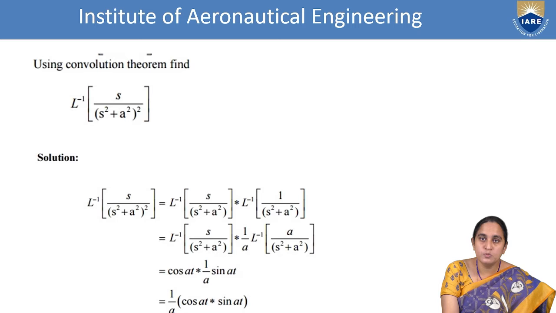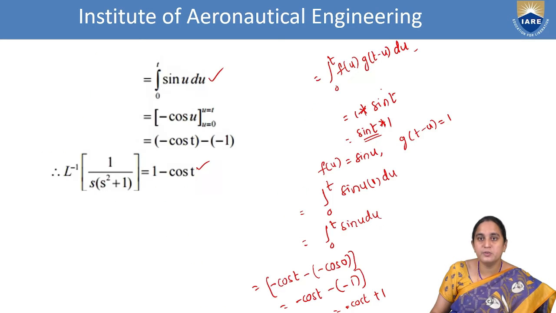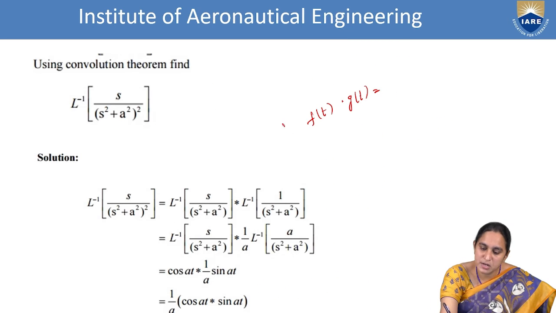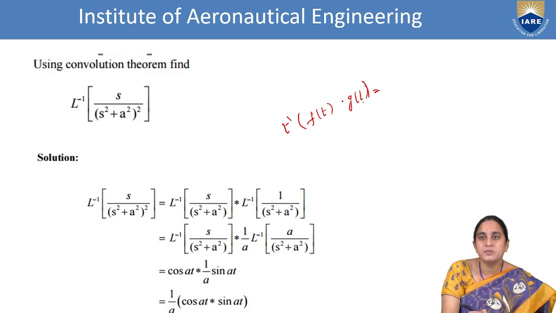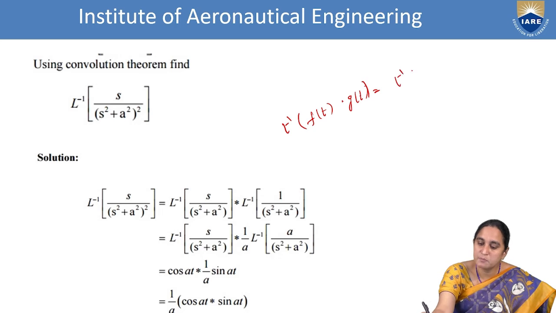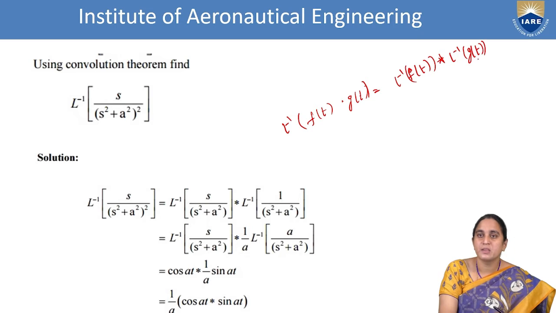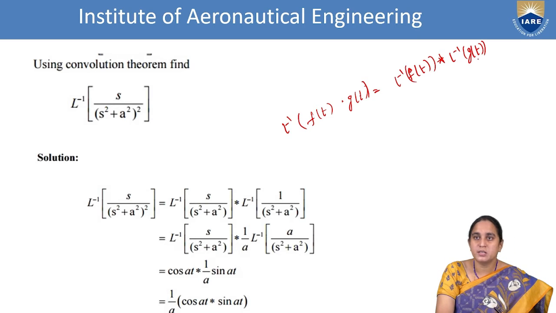By using the convolution theorem definition, the Laplace inverse of f of t dot g of t is equal to the Laplace inverse of f of t star the Laplace inverse of g of t. This is the convolution theorem definition. From that, first I'll separate the terms here.